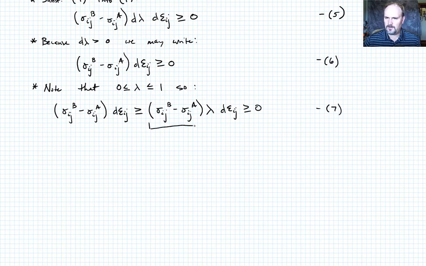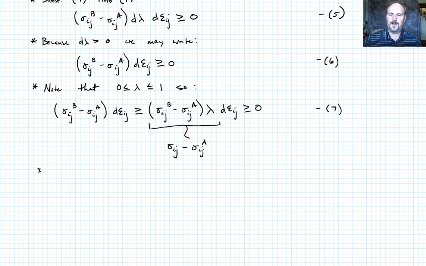We know what this quantity is. What is that quantity? Well, we can write this as sigma ij, which is what we had defined initially, minus sigma ij a. So this whole quantity is that.